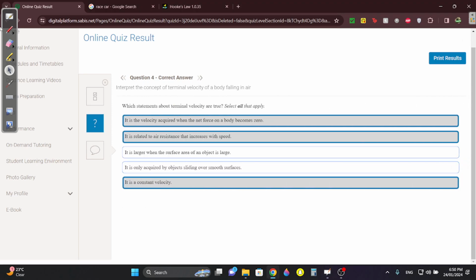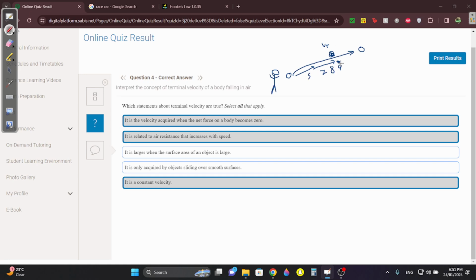Okay, terminal velocity. Let's say you throw a ball. This is you, and you take this ball and throw it up in the air. Once you throw it, the ball is going to accelerate until it reaches a certain velocity, and that's what we call the terminal velocity. Let's say here it's 5, then it accelerates to 7, 8, and here it becomes 9.